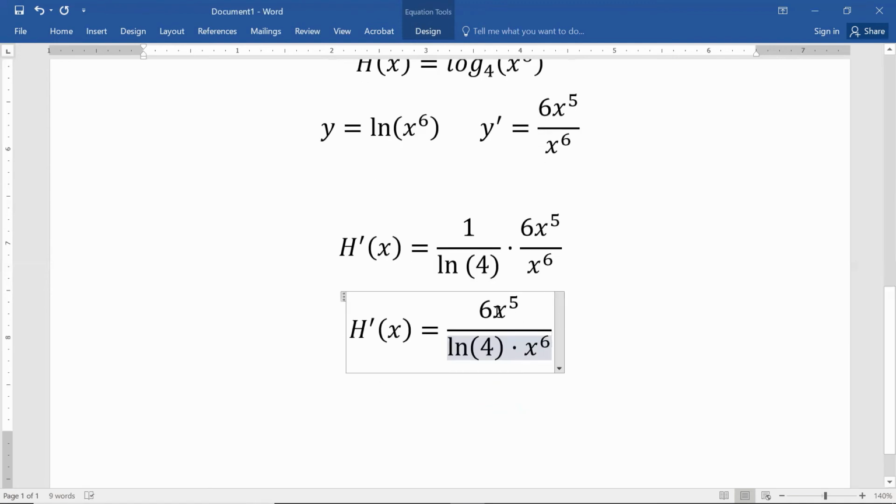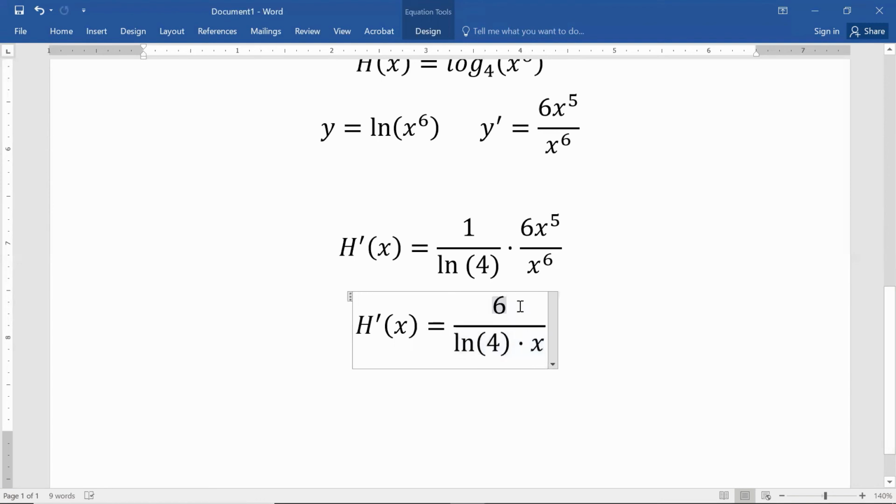And then if you're really fancy, you'd say, oh, x to the 5th and x to the 6th. Since everything is multiplied on top, everything is multiplied on bottom, we can cancel out like terms. An x to the 5th can go away, and you'll just have one copy of x in the denominator. So if you want to simplify, this is as simplified as you can get it: 6 over natural log of 4 times x.